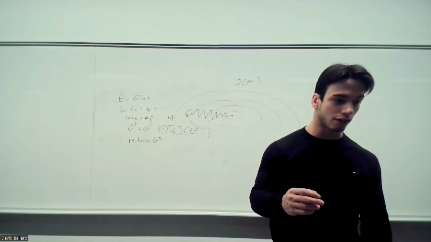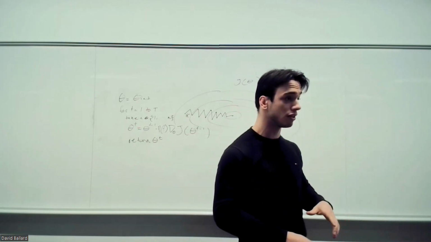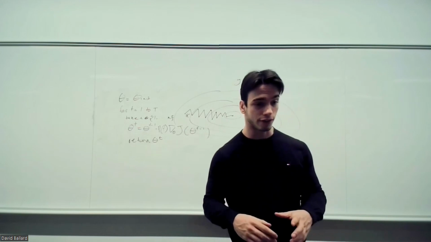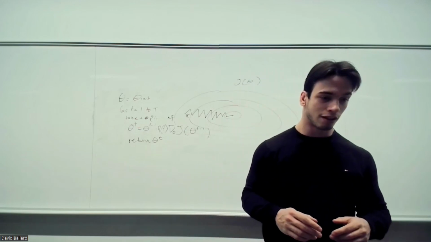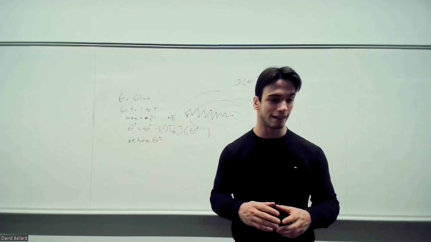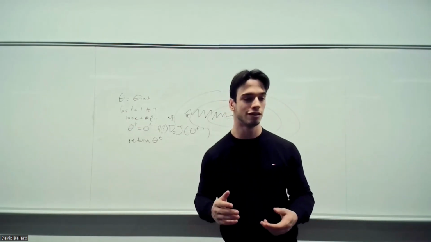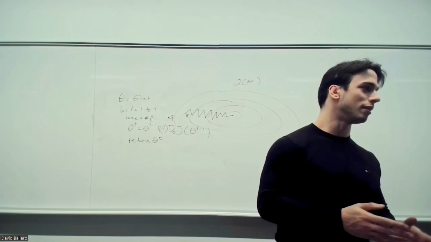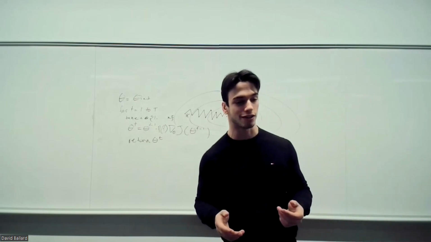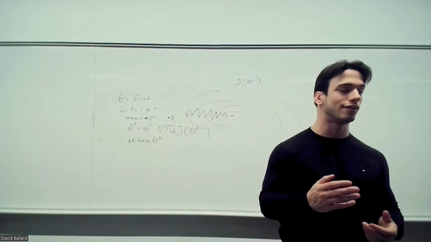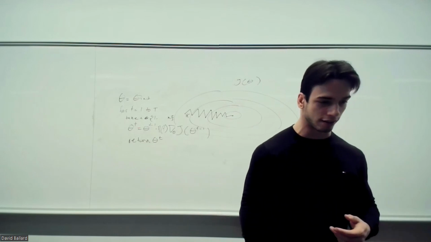Okay, if the learning rate is too large, as I mentioned, we overshoot. And if it's too small, we'll never get there. So that's why having a fixed learning rate is not optimal, because it may be too large, it may be too small. If you're lucky, it's good, but you want to have the correct learning rate.